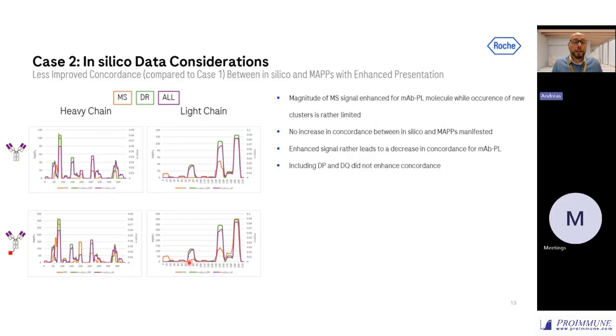Again, also taking the magnitude into account, because we have many more peptides, gives a higher confidence that these are real clusters. But we also see these clusters coming up that are not mapped by the in silico.